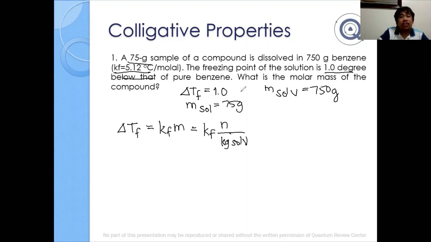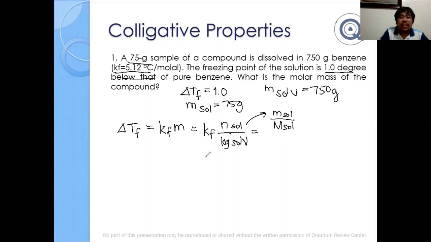We are asked to find the molar mass of the solute. Again, this is moles of solute per kilogram of solvent. So in order to get the molar mass of the compound dissolved, which is the solute, we can convert this into mass of the solute over the molar mass of the solute.